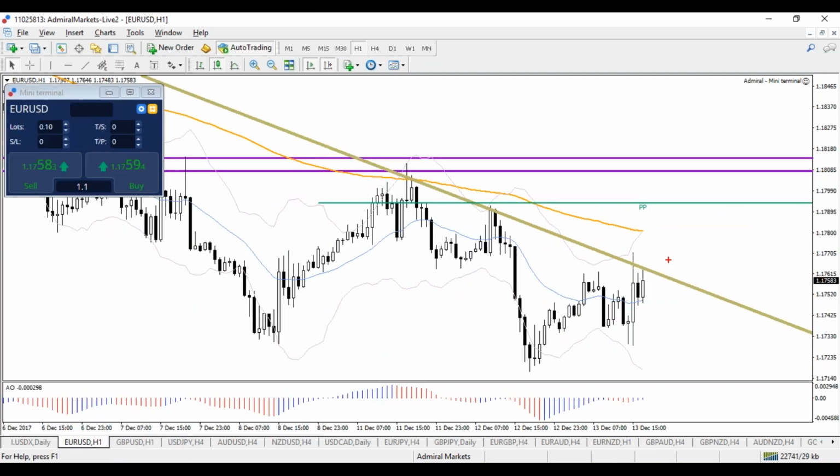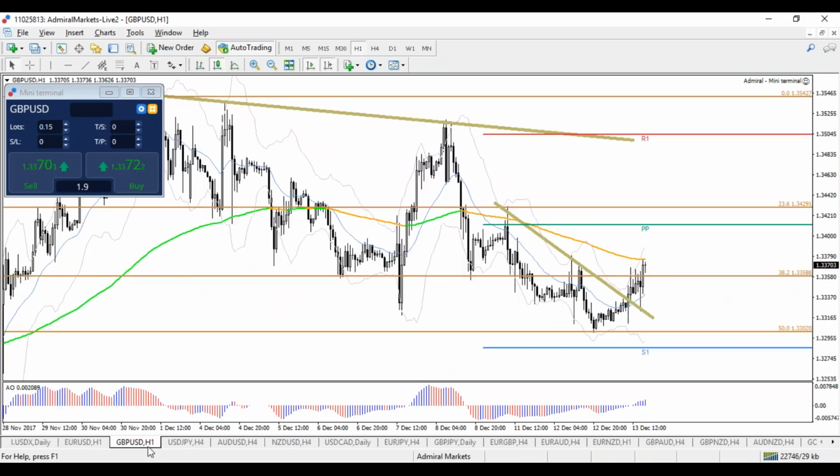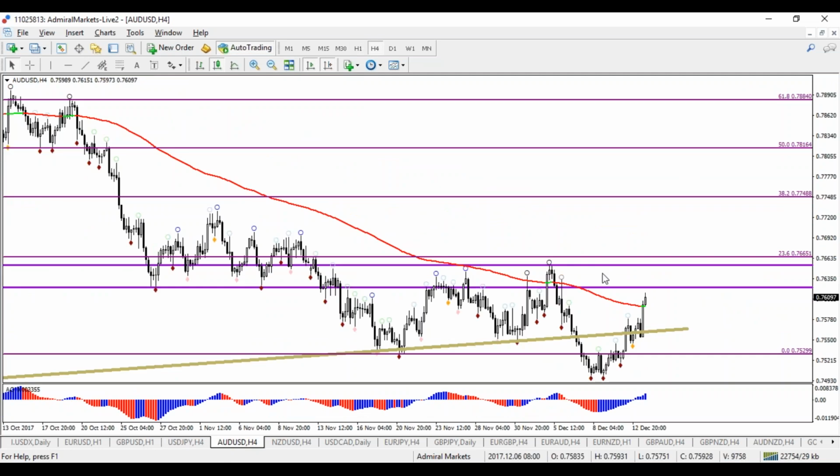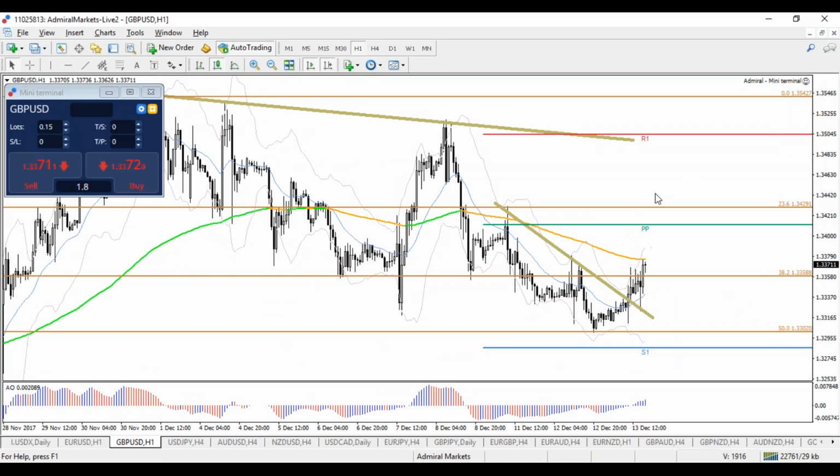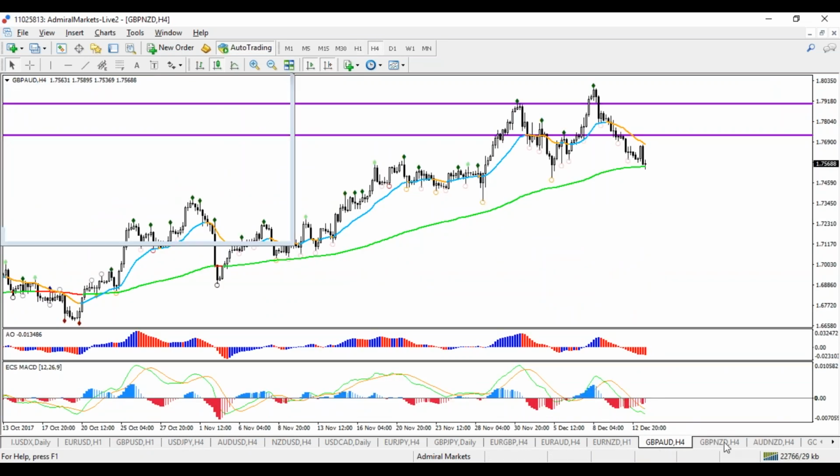And the euro, right? Will it break to the upside or to the downside? Pound too, break up or down, will provide some good info. If the Aussie is reaching resistance, for instance, and it stops there, but pound dollar and euro dollar break to the upside, that could mean that pound Aussie retraces, and pound New Zealand, right?